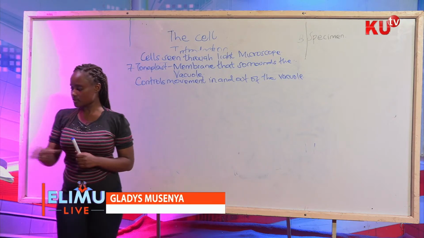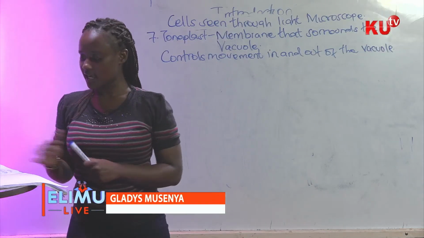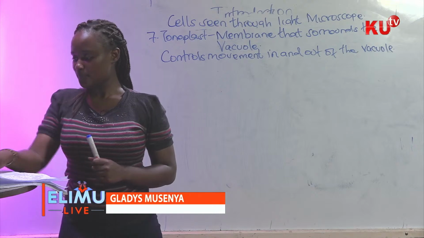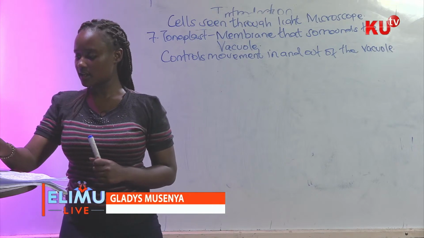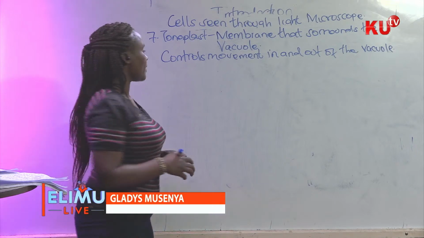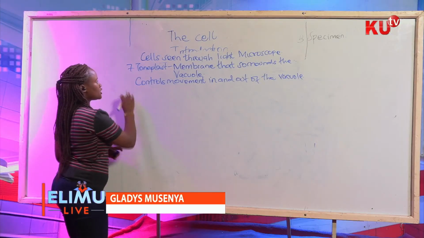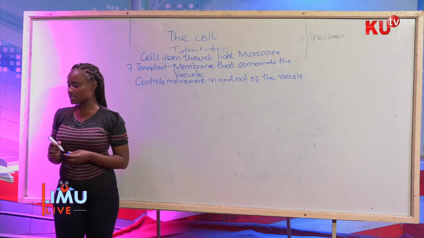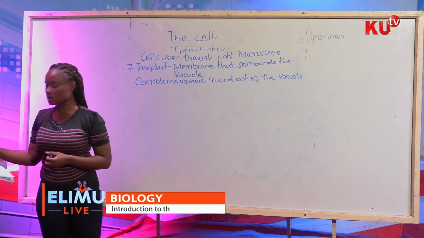So the others are the cells seen under the electron microscope. After the cells seen through the light microscope, we have cells seen under the electron microscope.